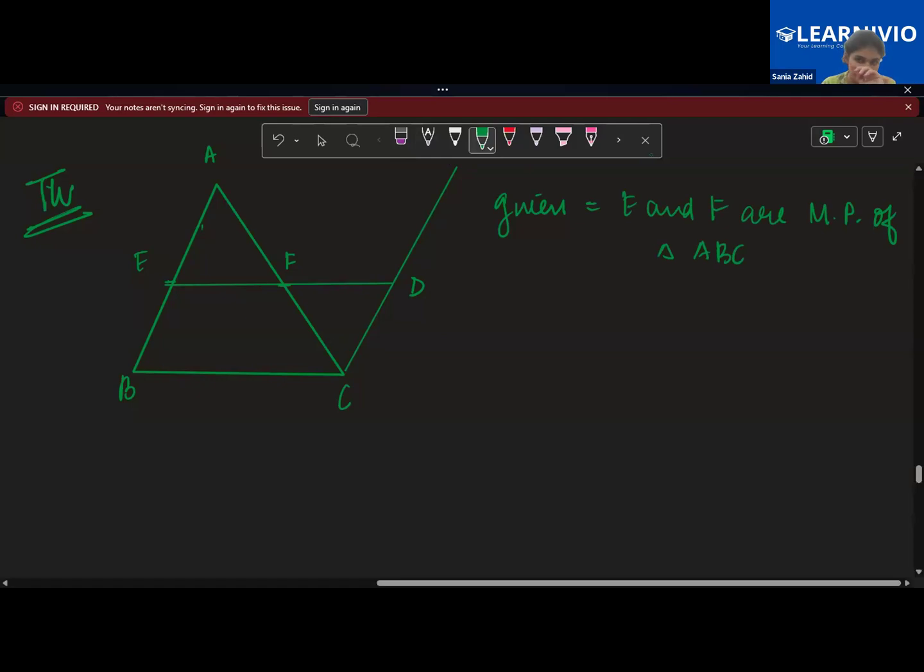Okay, children, of ABC. And then what is given? Only this is given. What is the construction? Write down the full spellings. Do not write short forms like me.